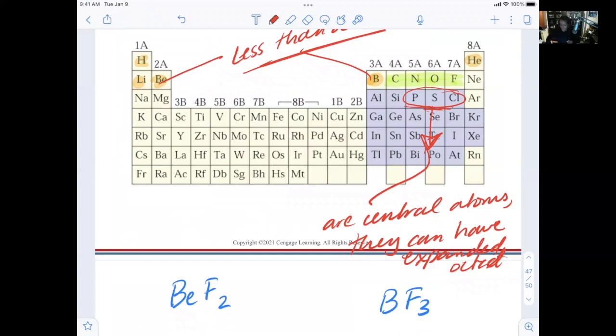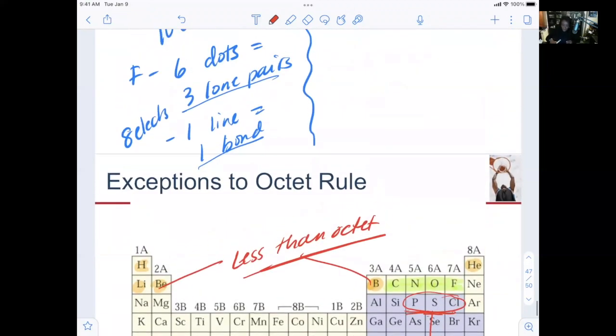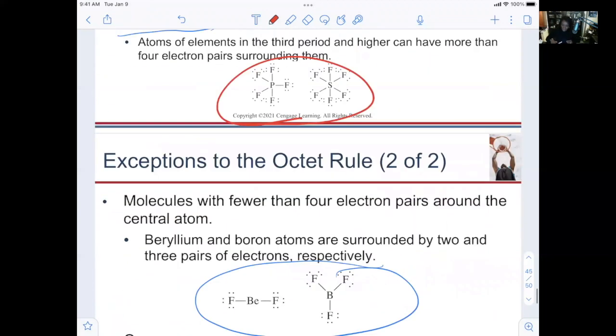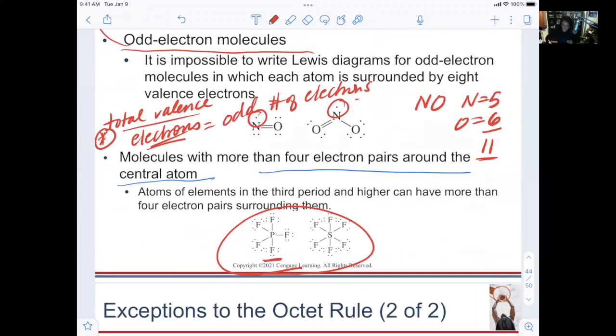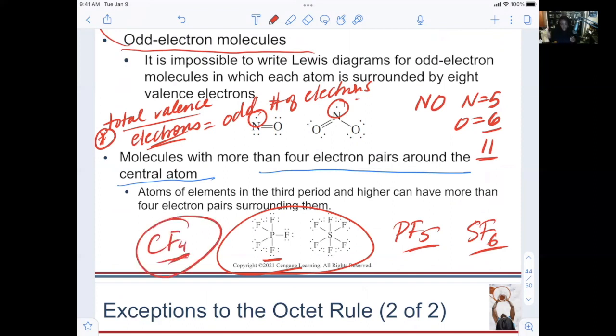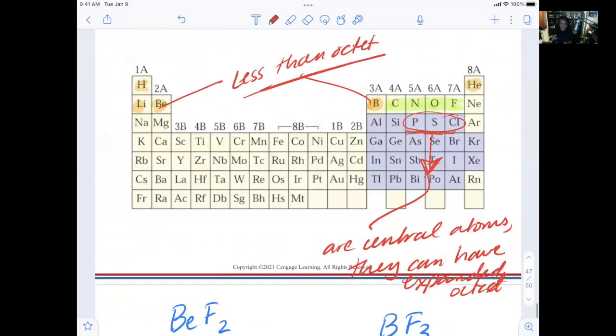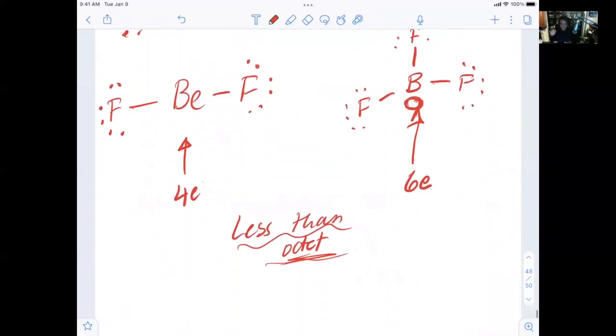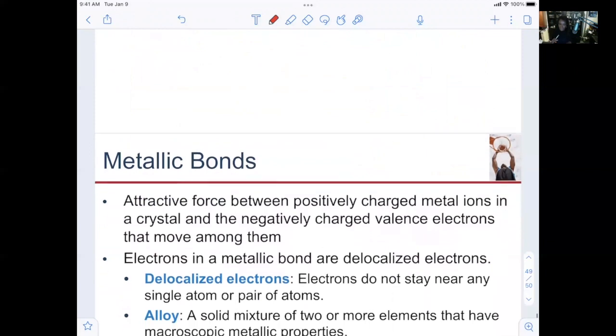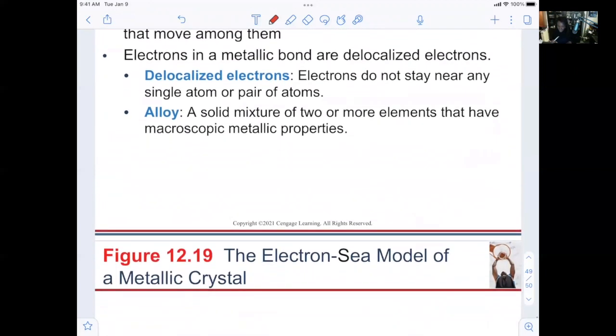But you want to be aware that if the number on the right is bigger than 4, like PF5 or SF6, this is going to be expanded octet. If it was CF4, this is just right at octet because you have 4 groups and they form 4 single bonds. But 5 and 6, that's way beyond octet. So that's the easiest way to tell at your level, from the formula alone, what is octet and what's less than octet. Okay, we're close to the end.